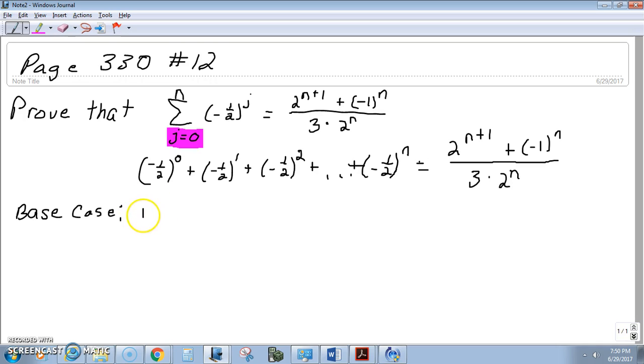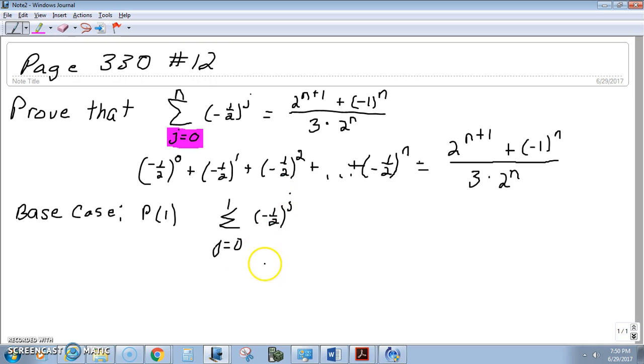And let's do P of 1. Then we have the sum from our index of 0 to 1 of negative 1/2 to the j power.